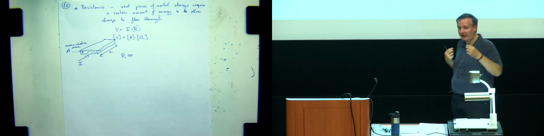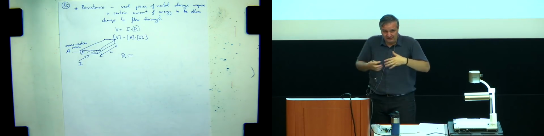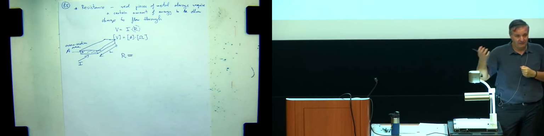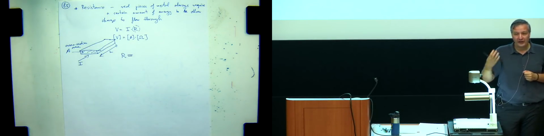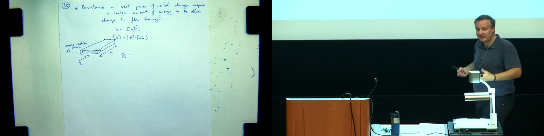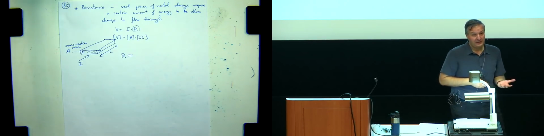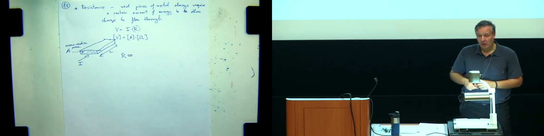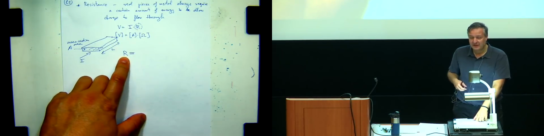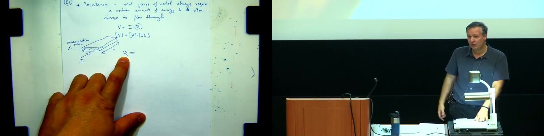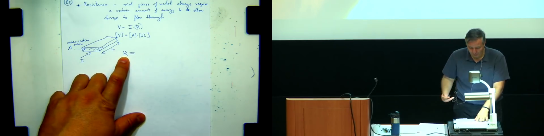The longer the metal is, the more chances, probabilistically, for that charge to hit an atom. The more it hits, the more energy it loses, so the more resistive this metal looks. So if this is a measure of that resistance, should it be proportional or inversely proportional to the length? Proportional.